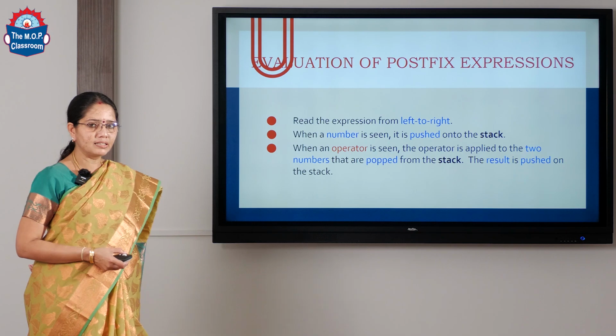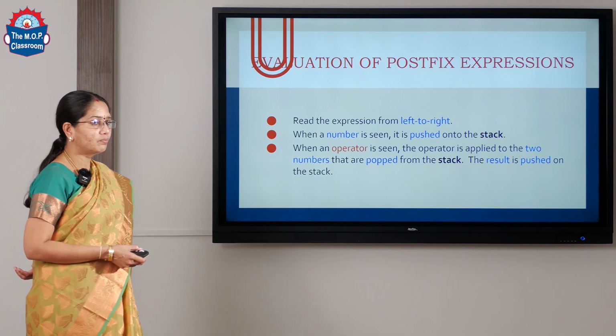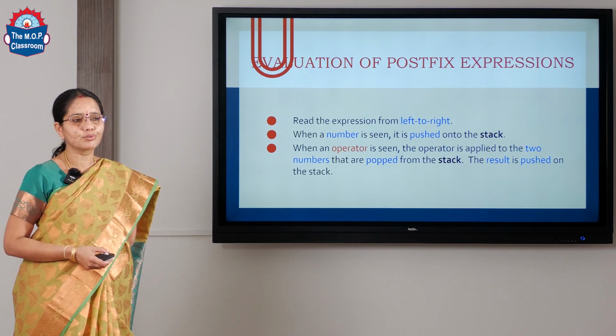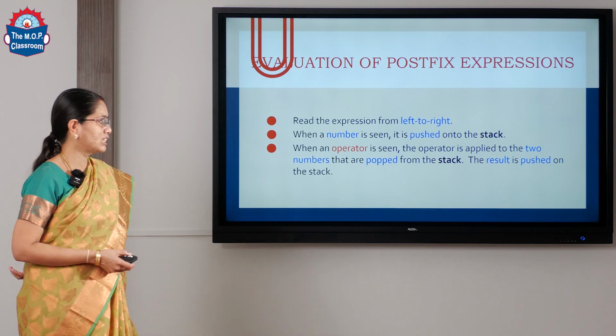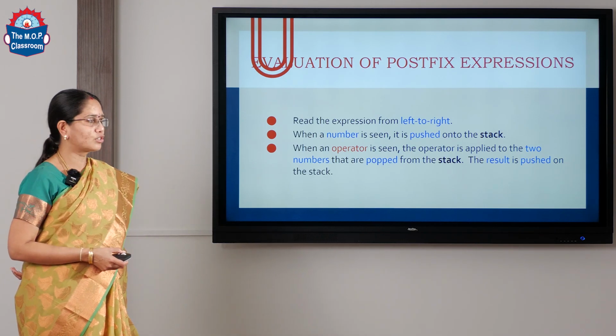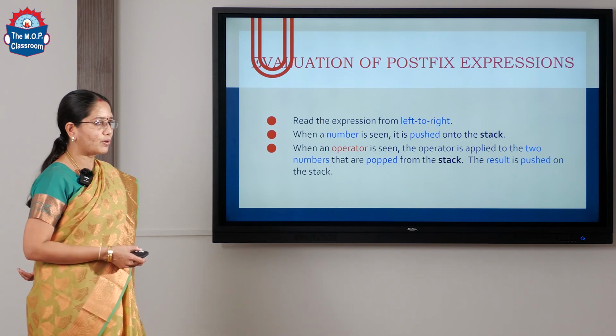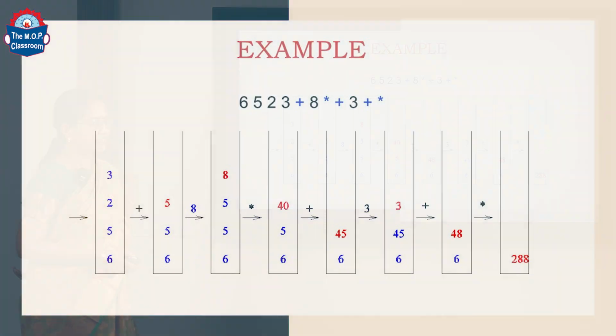When a number is seen, it has to be pushed onto the stack. When an operator is seen, the topmost two elements from the stack are popped out and the necessary operation is performed. Once the result is obtained, the result is again pushed onto the stack, and this process goes on. So this is an example of evaluating a postfix expression using stack.